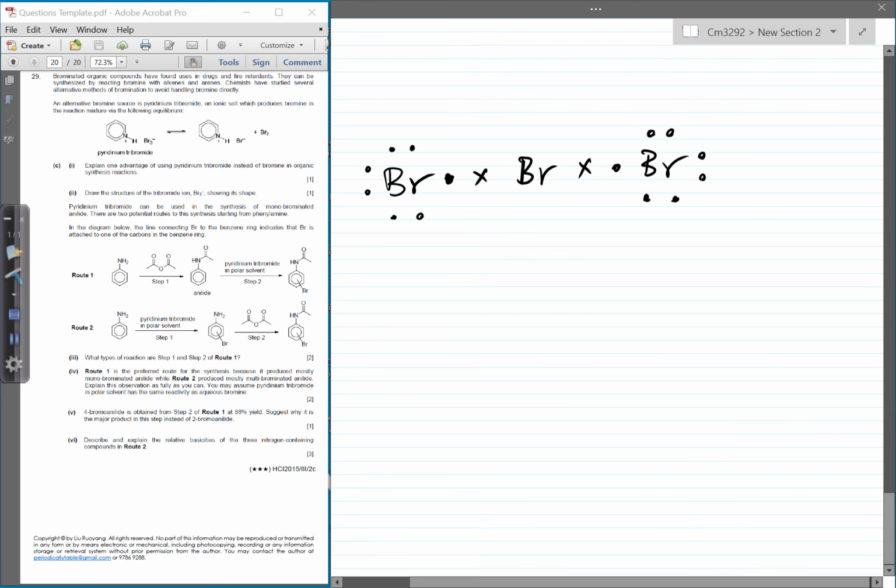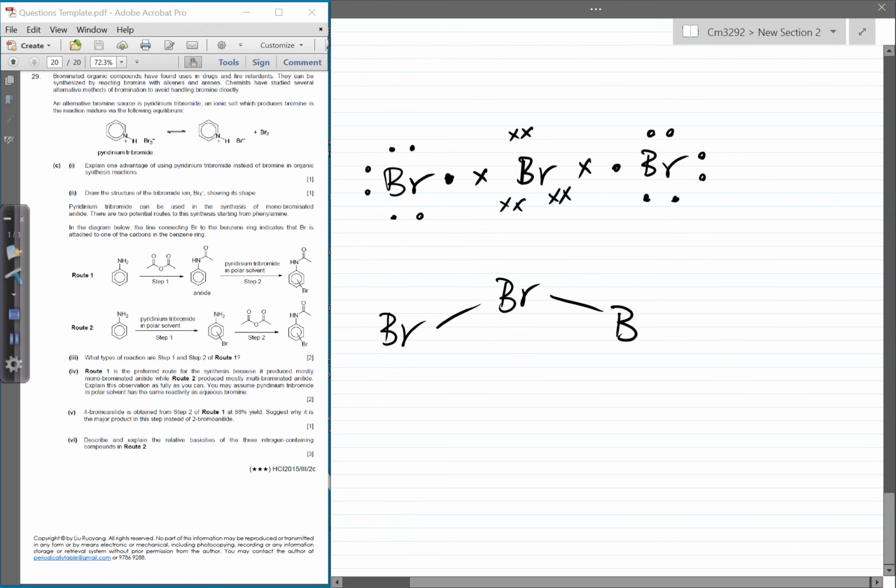You're quite familiar with it. And then the central bromine, 1, 2, 3, 4, 5, 6, 7, and then you have a negative charge, so you should go to the central bromine as well. This is the dot and cross, and then you just have to convert it to your line bond diagram.